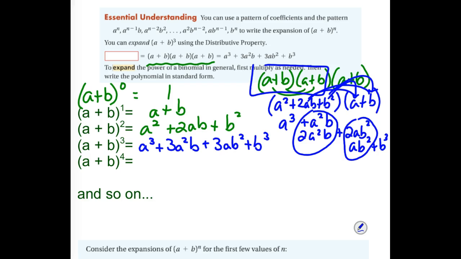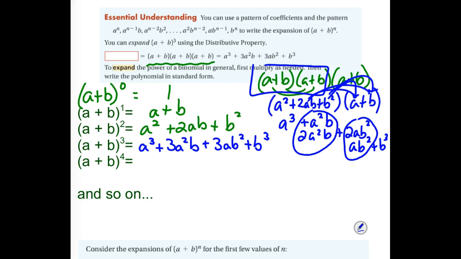If we had to raise it to the fourth, we would have to take the answer I just wrote there and times it by another a plus b, correct? And if we wanted to continue expanding these, we'd have to keep multiplying another a plus b in there. That's a lot of work, especially if I said take a plus b to the 11th power. Okay, you'd be working at that for a while.